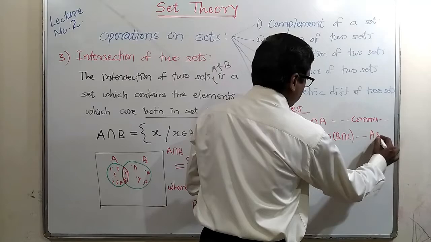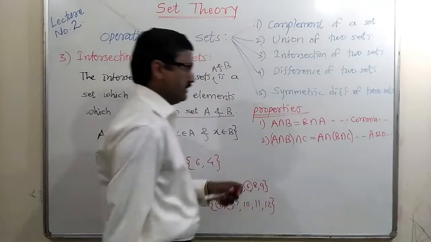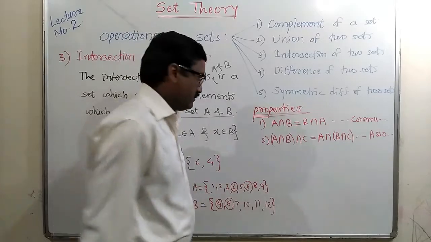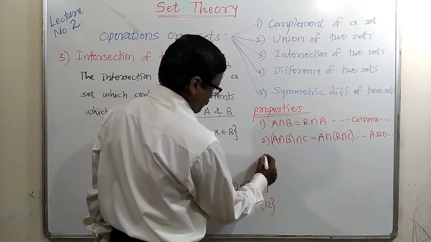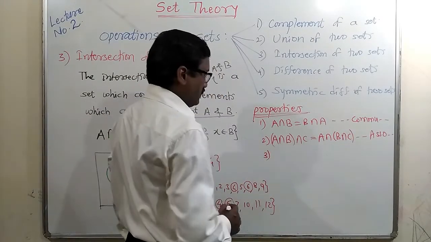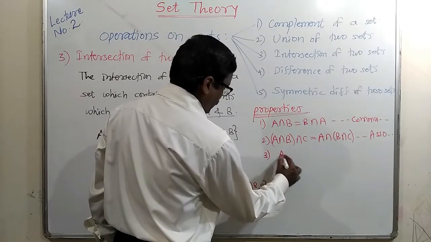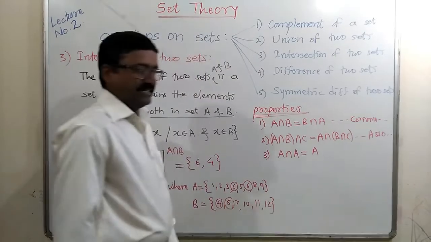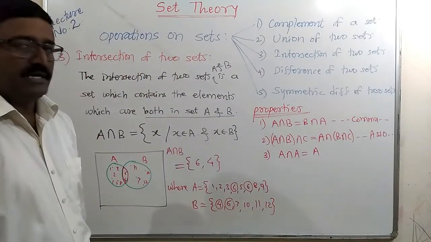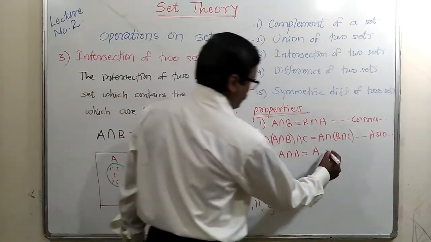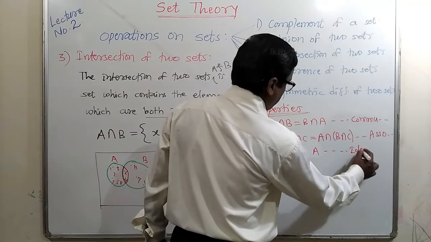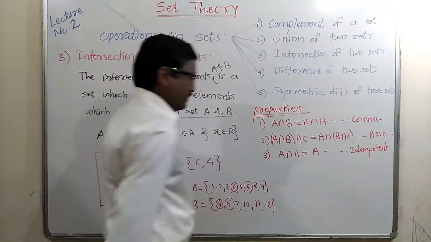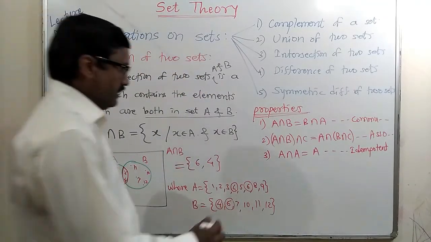This is the property of associativity. Means we can take intersection of any two sets among these three sets. Then third one, A intersection A, it is A itself. This property is called the idempotent law. A intersection A is A.